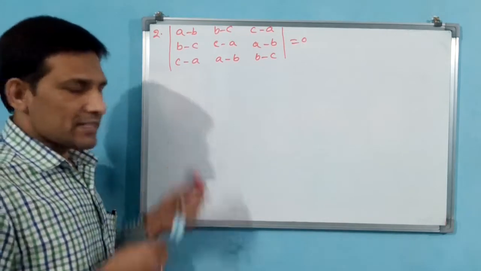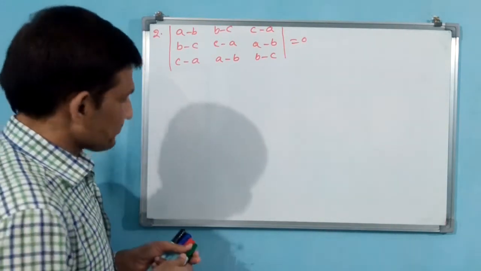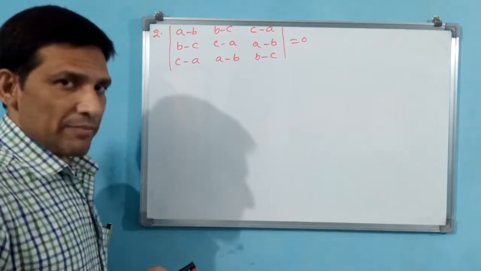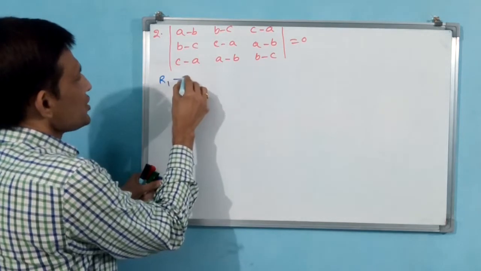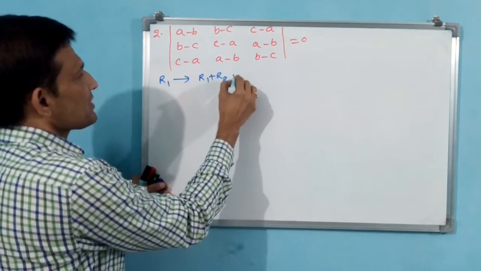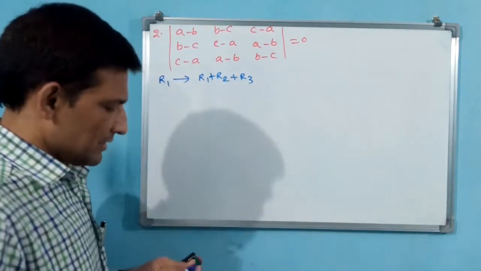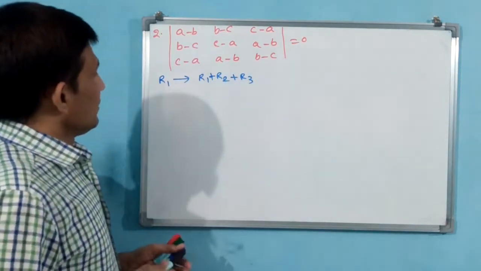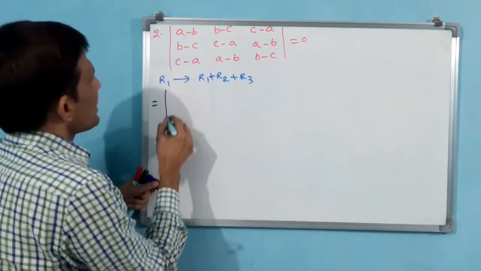Let us write, see what I am writing. R1 is changing. What is that change? R1 plus R2 plus R3. Is it okay? See how I am writing. That is equal to R1, what I am writing?